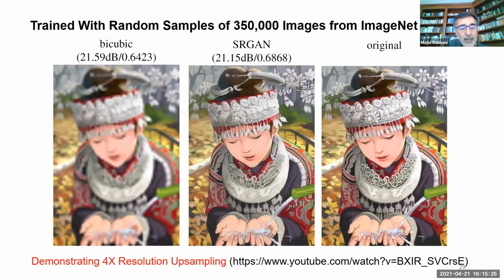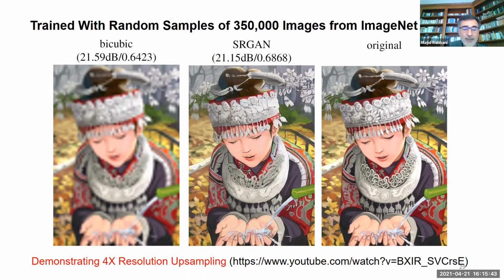You can actually watch this on YouTube, because this was a presentation made at CVPR back in 2017. It's a 12-minute presentation. You could, of course, download the paper as well, but the presentation is more fun to watch.